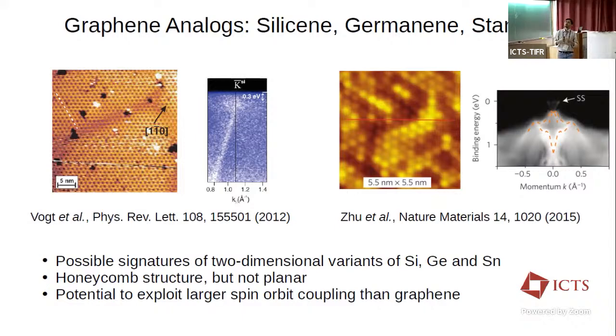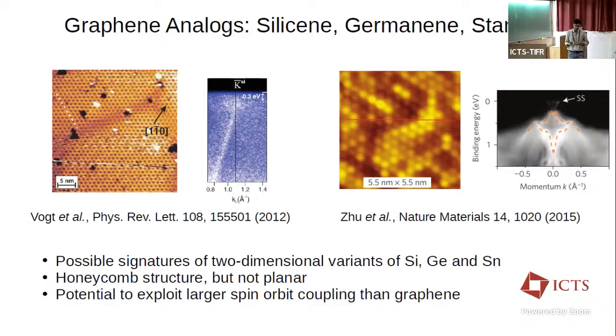People were able to show signatures of their low-dimensional structure by putting them on certain types of substrates. These are not as stable as, let's say, graphene, but there are some signatures that these might be stable. Around 2009 and so on, there were theory predictions and then subsequent possible experiments where they were able to see, for instance, the honeycomb-like structure of this, which is silicene, I believe. But these are not planar; they are kind of buckled, as I'll show you in the next slides.